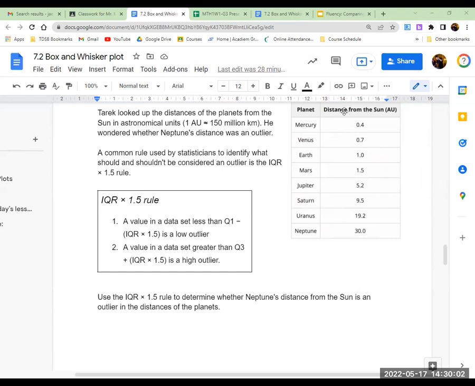Here is a list of distances of each of our planets in the solar system from the sun. It's all measured in astronomical units, AU. Let's start by calculating the quartiles. What is the median?